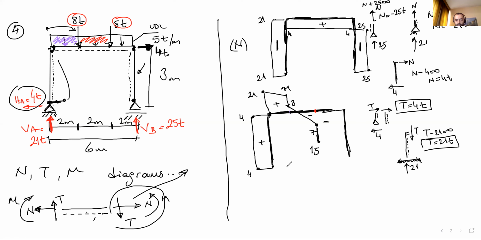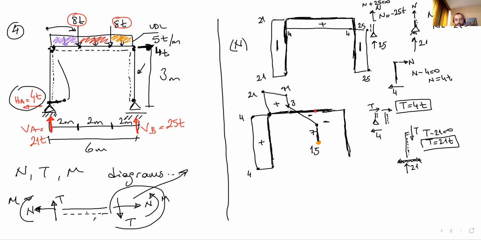And there is another uniform distributed load portion here. Calculate the area or magnitude of that UDL. 2 times 5, it's 10 again. I'm here now at this point.